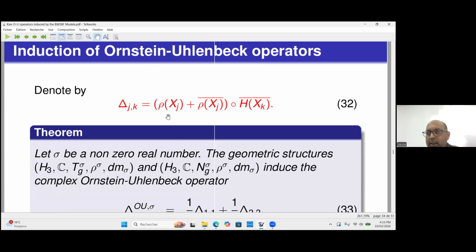So we take rho x_j plus the conjugate composed with the bar of h_k, where h_k is a constant multiplied by dz and dependent on the Lie algebra and dependent on the representation of the group.